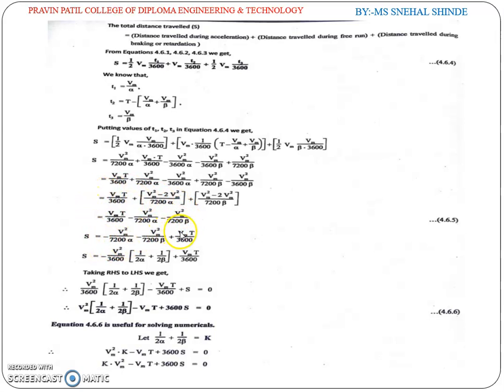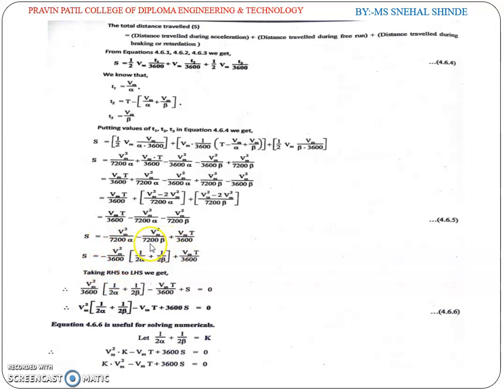So this we have taken the formula. We have solved it. Then again we have to rearrange this equation. So first term will be the alpha, second term will be the beta, and third term will be the capital T. So we have simply arranged this above equation. Now we have taken Vm square by 3600 common here.